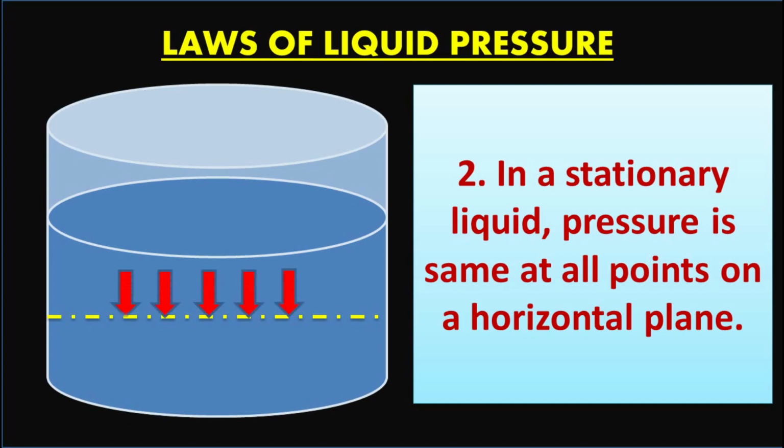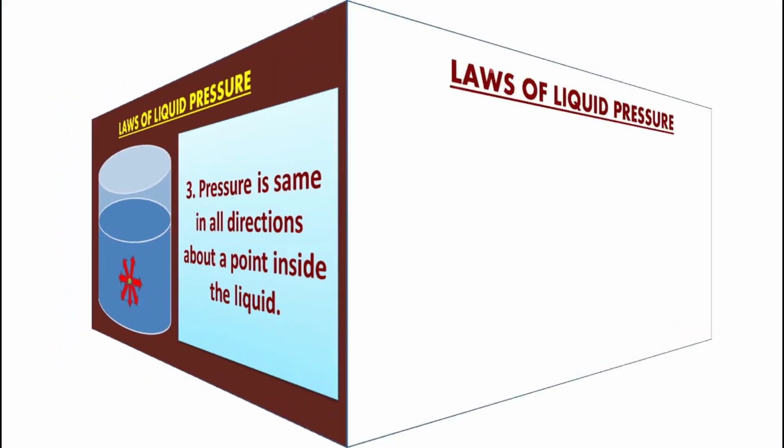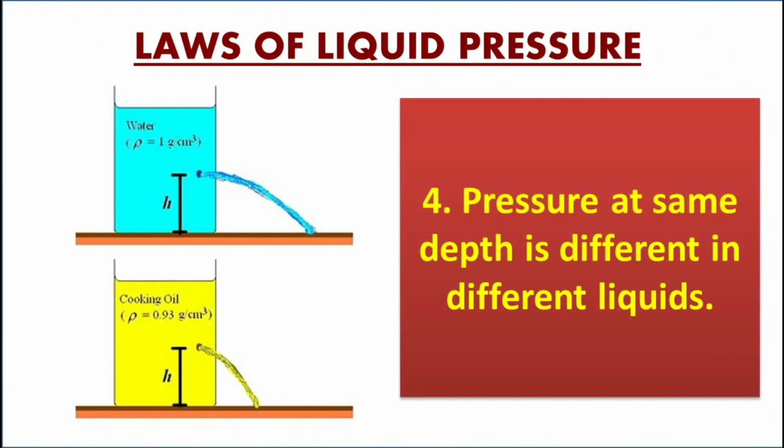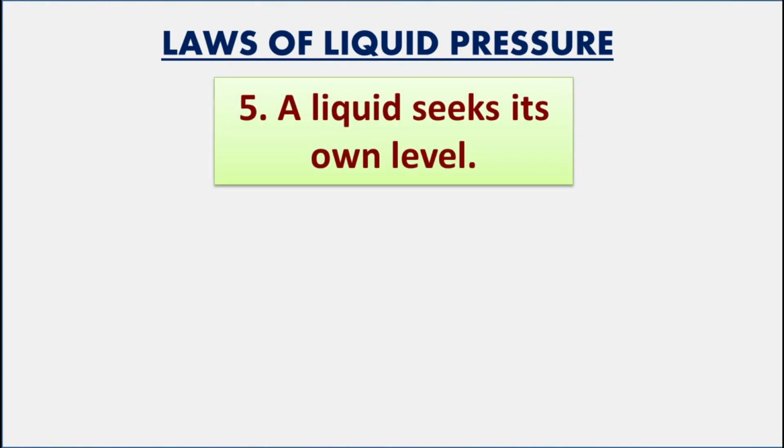Number 3, pressure is the same in all directions about a point inside the liquid. Number 4, pressure at the same depth is different in different liquids. It increases with the increase in the density of liquid. And number 5, a liquid seeks its own level.